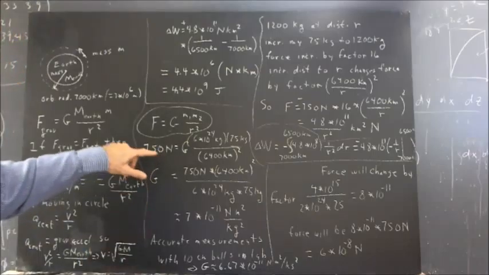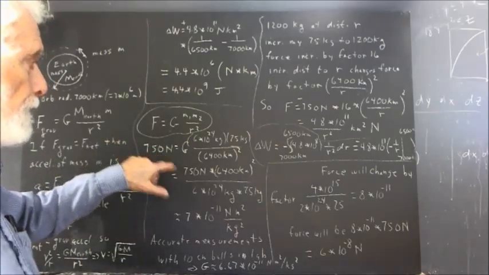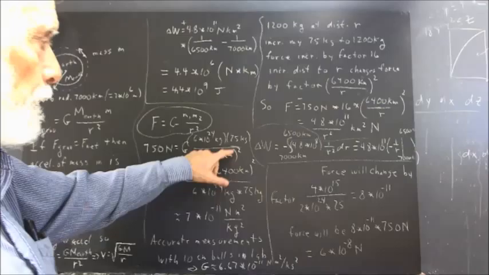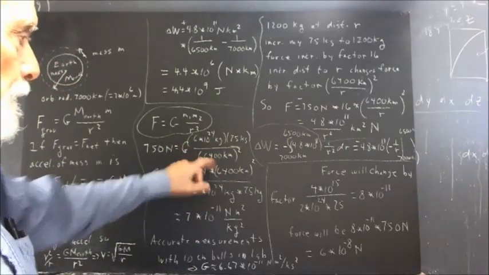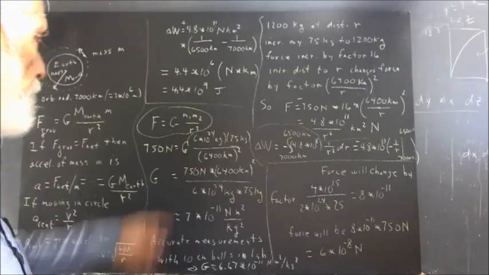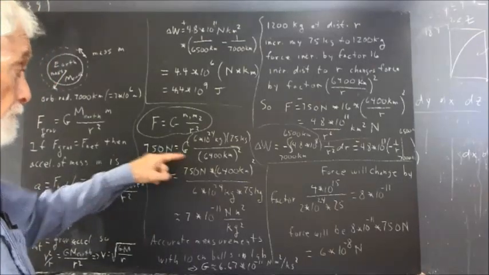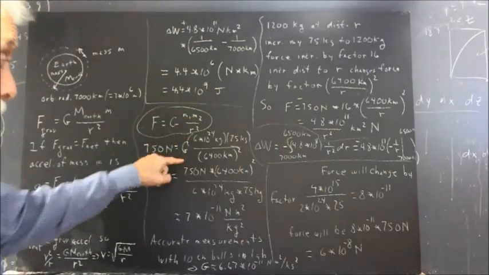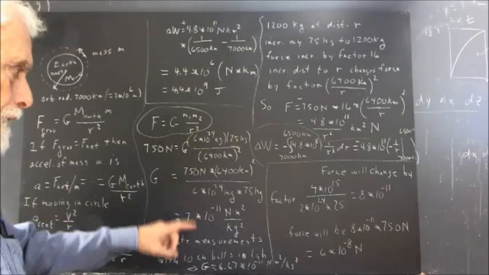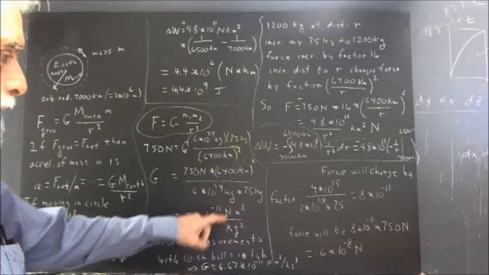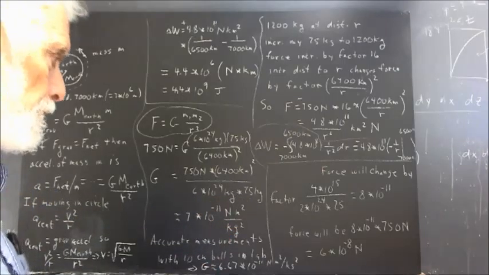Based on our 750 newtons between a 6 times 10 to the 24th kilogram mass and a 75 kilogram mass at a separation of 6,400 kilometers, we can evaluate G. We have everything here except G, and it turns out to be about 7 times 10 to the negative 11th Newton meter squared per kilogram squared.